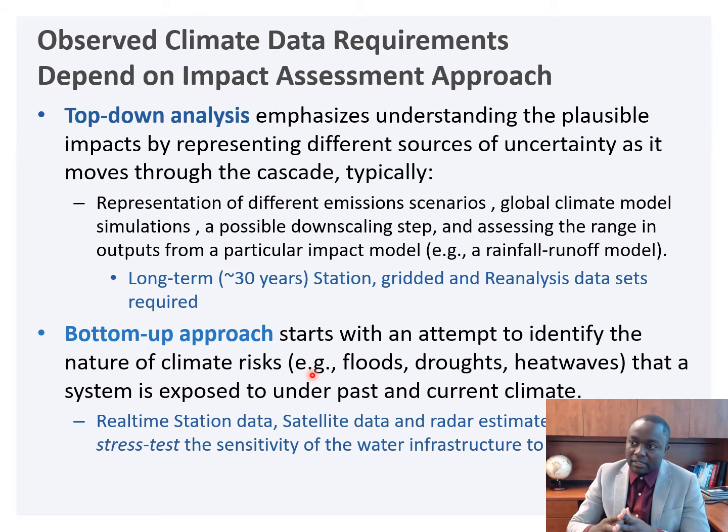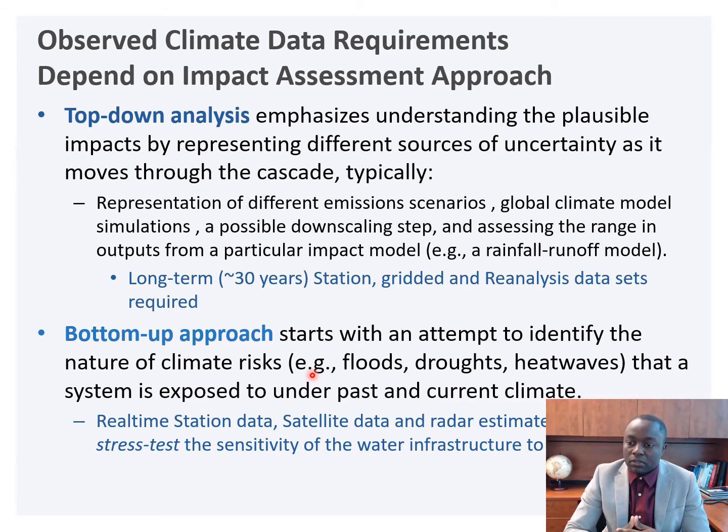And typically, this approach results in what we call a cascade of uncertainty. For example, it starts with a representation of different climate scenarios, global climate model simulations, a possible downscaling step, and assessing the range in outputs from a particular climate model. For this kind of approach, long-term data greater than 30 years, either station, gridded, or reanalysis data sets are required.